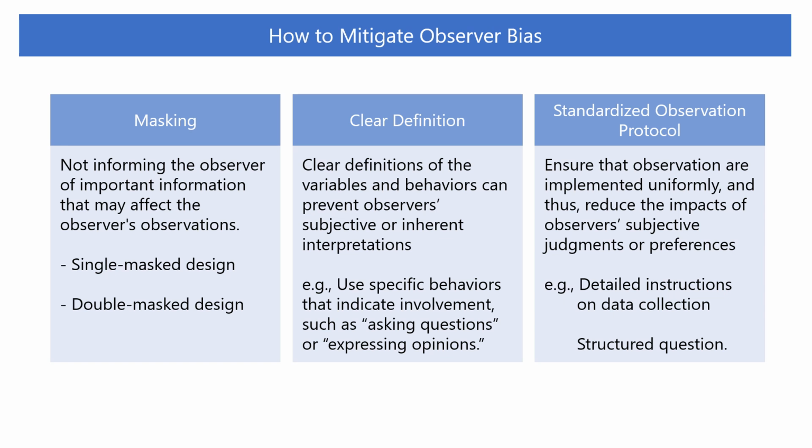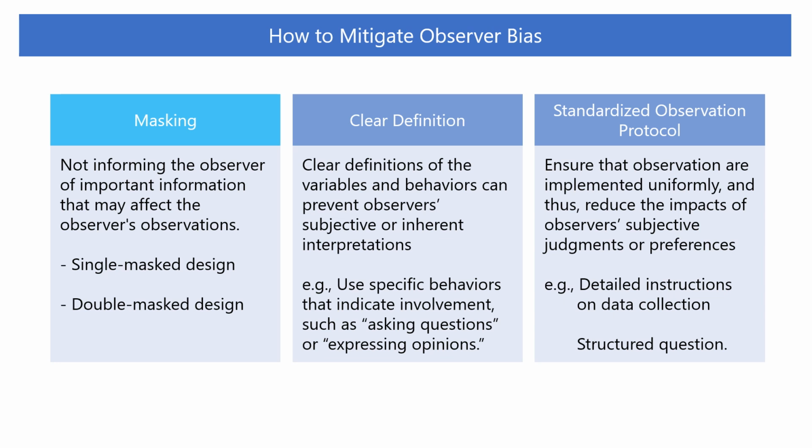To reduce observer bias, minimizing the subjective influence in the data collection process is necessary. The first method is masking. This is a method of reducing bias by not informing the observer of important information that may affect the observer's observations.